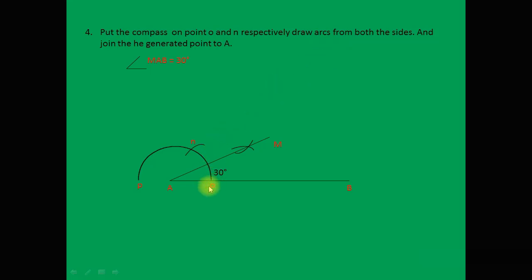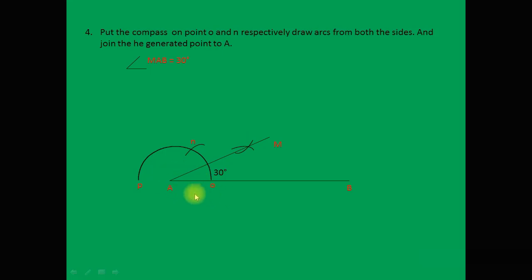So simply, dear students, put the compass at this point O and draw an arc. And now put the compass at this point N and draw here another arc. And join the generated point to the point A.